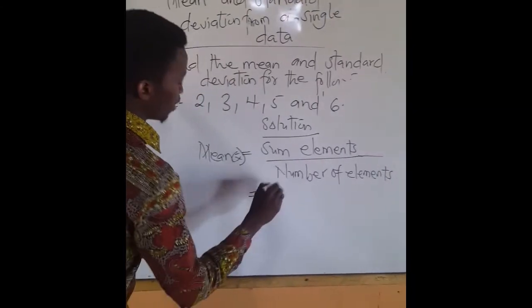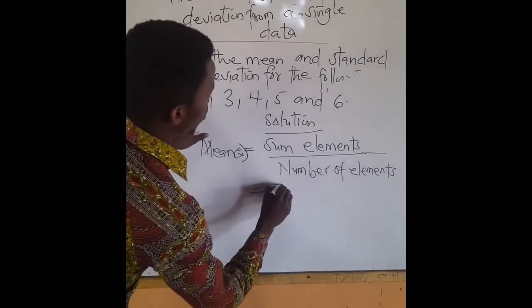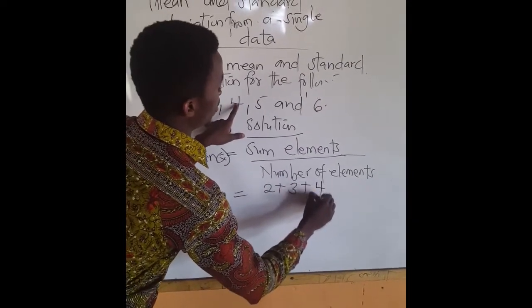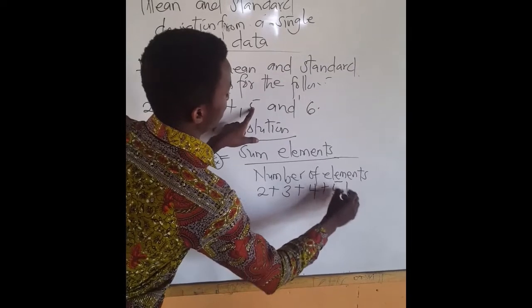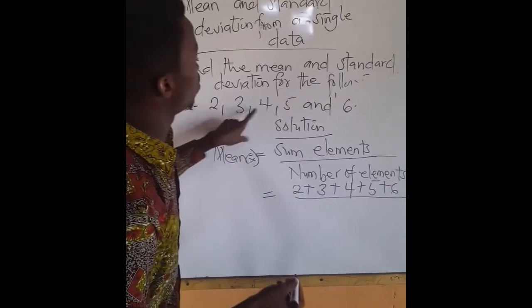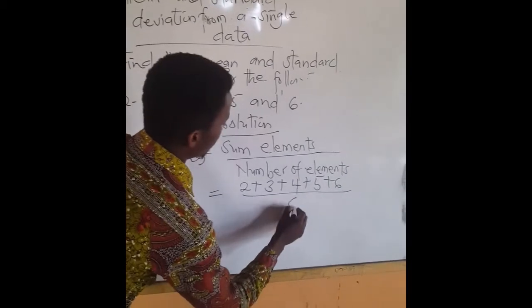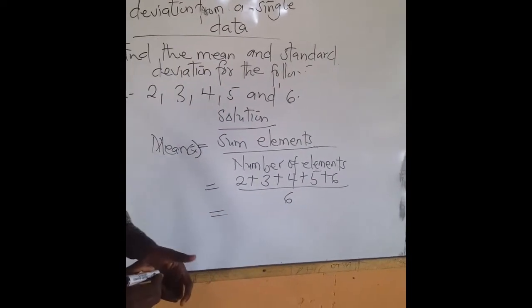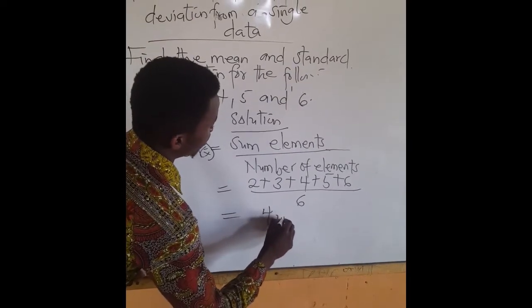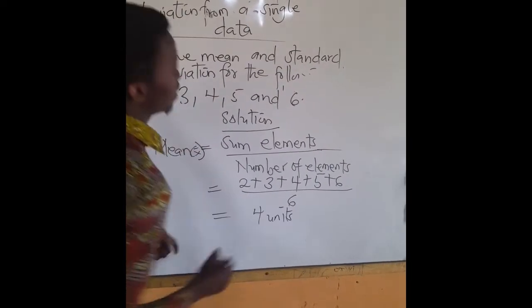Okay, so our sum of elements is going to give us 2 plus 3 plus 4 plus 5 plus 6 divided by number of elements, which is what? 1, 2, 3, 4, 5. So this is going to give us 4 units as what? The mean.